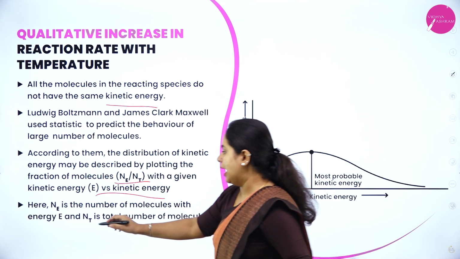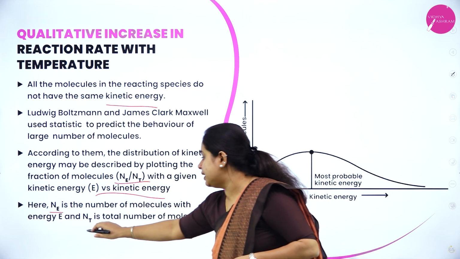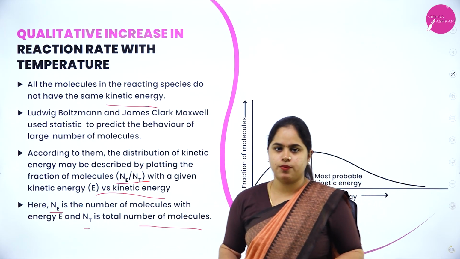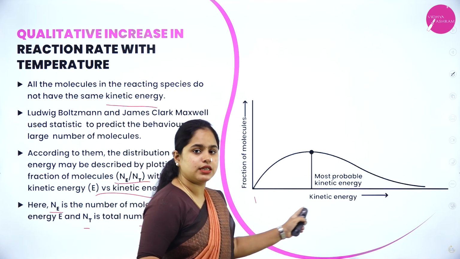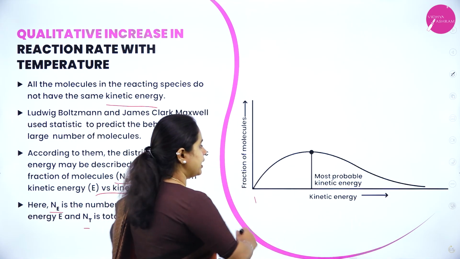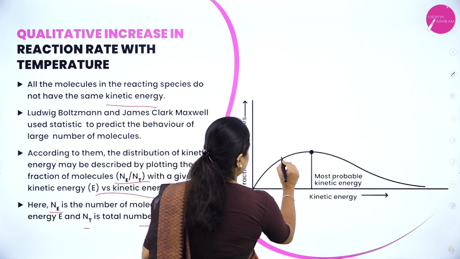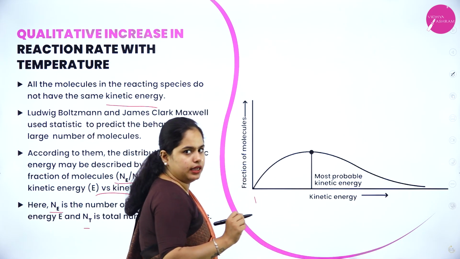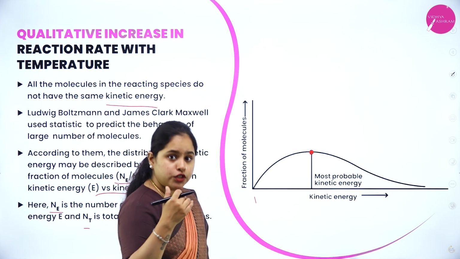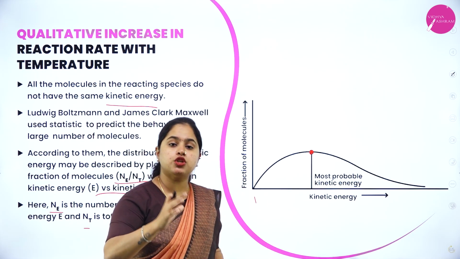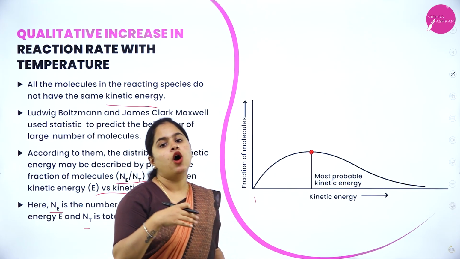Ne is the number of molecules with energy E and Nt is the total number of molecules. If we plot a graph between the fraction of molecules and kinetic energy, we'll get a graph like this. As you can see, the graph starts increasing and then suddenly decreases. The highest point shows the most probable kinetic energy of the molecules.